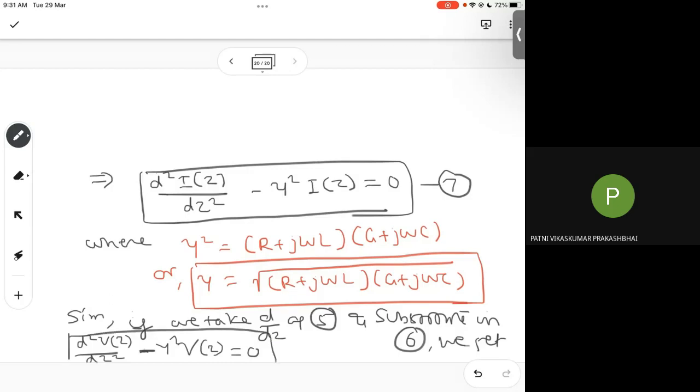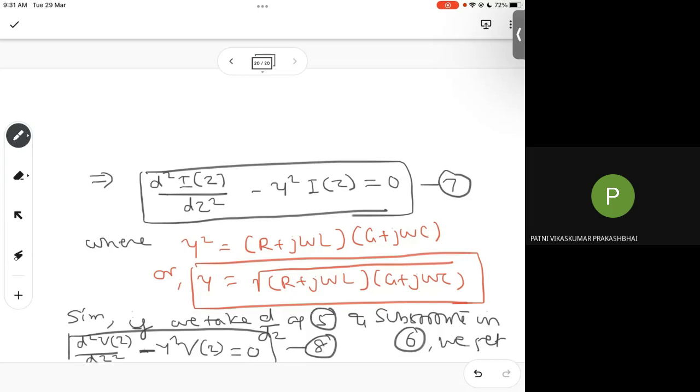So I got this equation. Basically what we found is that if I start with 5 and substitute in 6, or take the d by dz of 6 and substitute in 5, I get a decoupled equation. This is a decoupled equation in terms of V, and number 7 was in terms of I. And I introduced a parameter called gamma square or gamma.